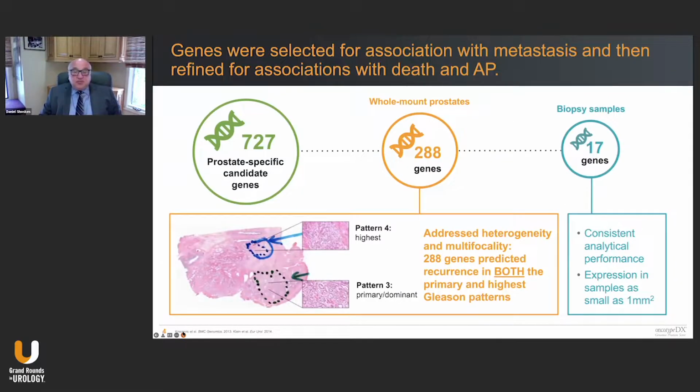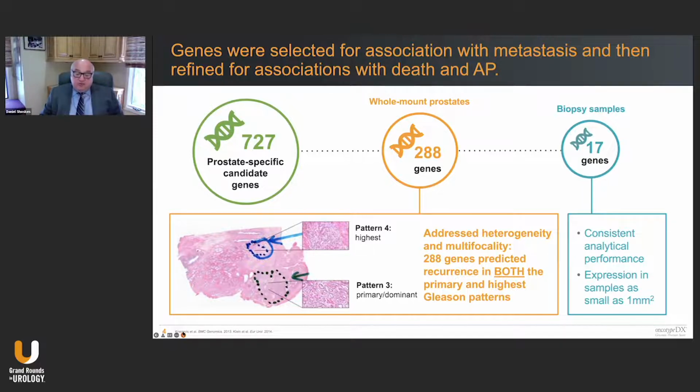To answer these questions, Klein and colleagues started with 727 prostate-specific candidate genes. They looked at radical prostatectomy specimens, and importantly, they addressed heterogeneity and multifocality by only looking at genes that predicted recurrence in both the primary and the highest Gleason patterns, and this winnowed it down to 288 genes.